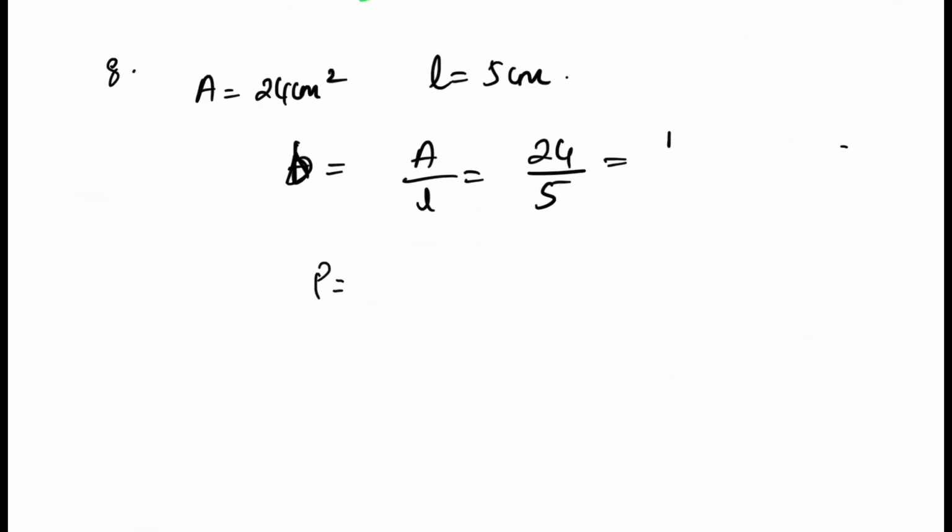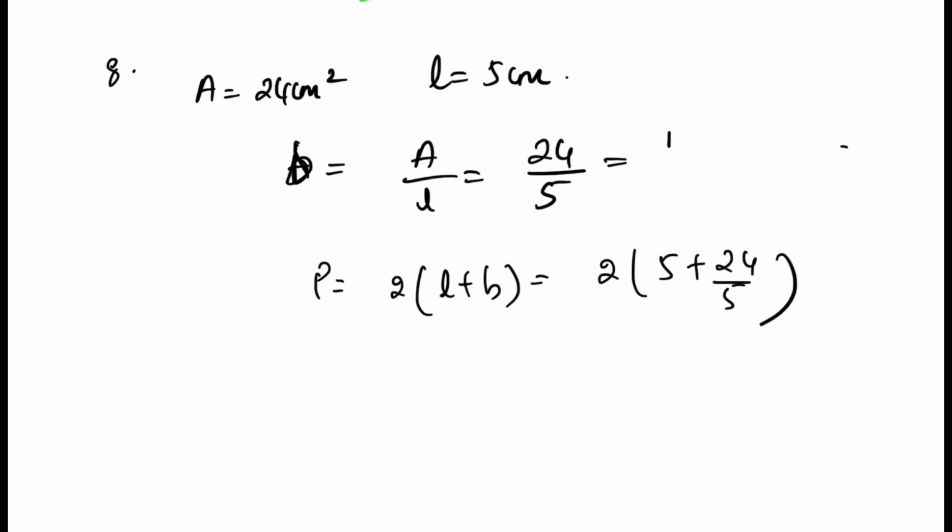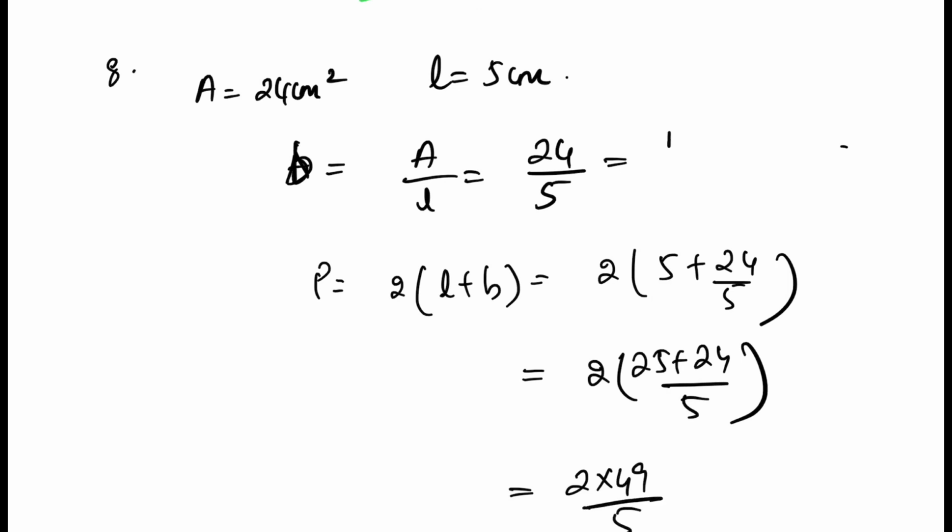Perimeter is equal to 2 times L plus B, that is equal to 2 times 5 plus 24 by 5. 2 into 25 plus 24 by 5, that is equal to 2 into 49 by 5. 98 by 5 we will get. 98 by 5 is equal to 19.6. So what do you have to find out here?